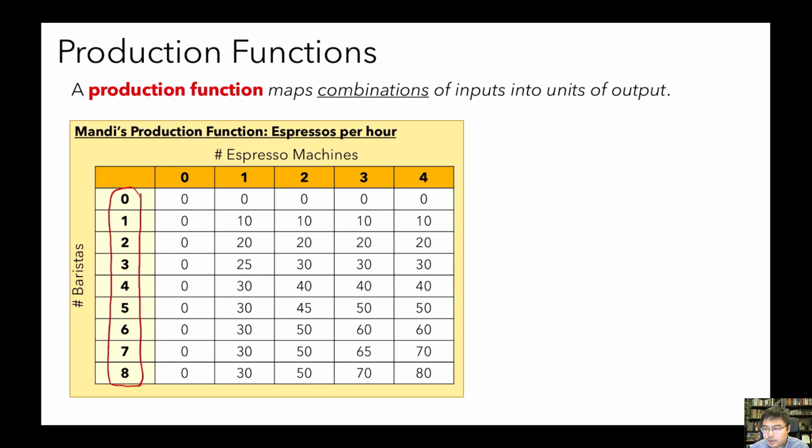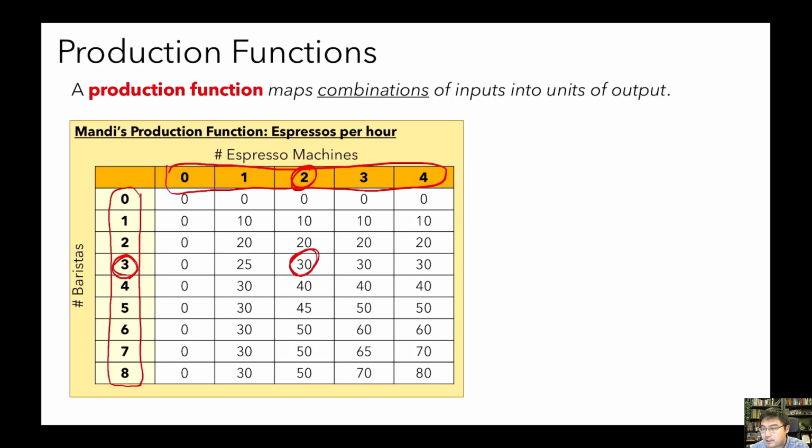And the possible number of espresso machines that she could have is shown here on the columns. All right, and so the way you want to read this table is that if Mandy were to hire 3 baristas and purchase 2 espresso machines, then she would be able to make 30 espressos per hour.